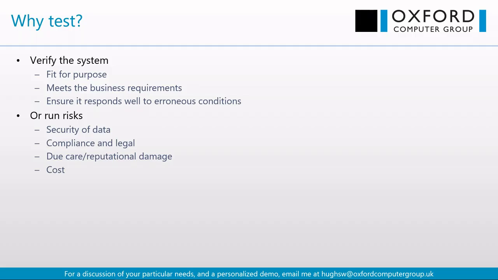If we don't take this kind of due care to properly test systems, we'll run into reputational damage. And there are all manner of costs that we'll run risk of as well. Costs of backtracking because we released a system that wasn't ready to be released. We released a system with bugs that then had to be pulled back, redeveloped and pushed out again. The costs of fixing damage that we might have done, and so on.